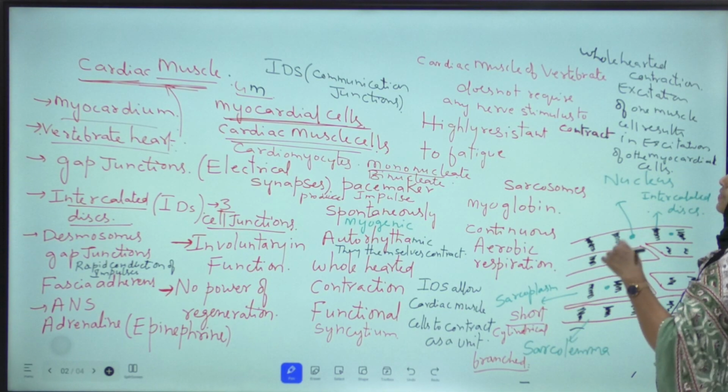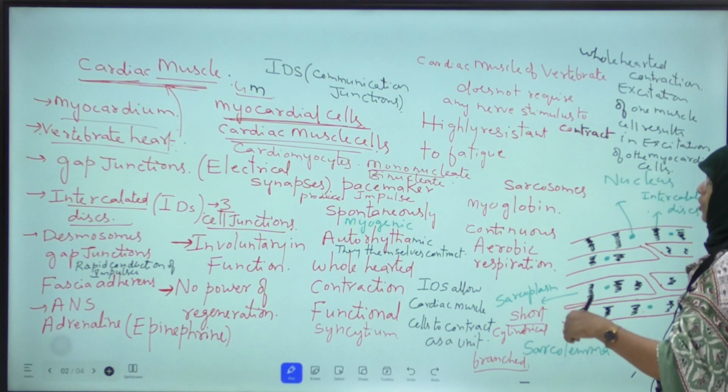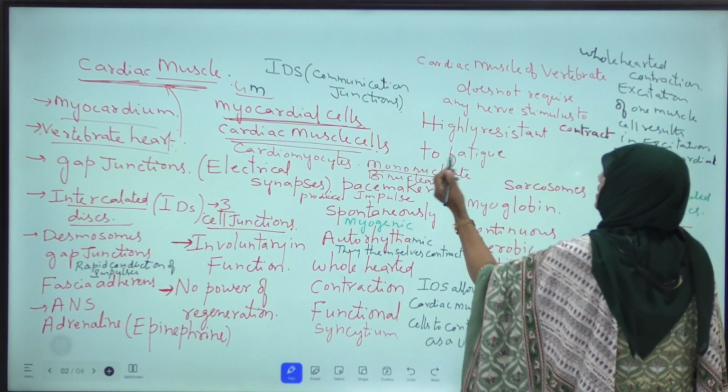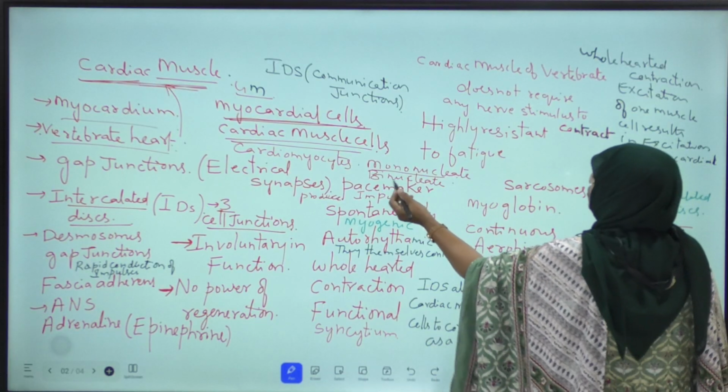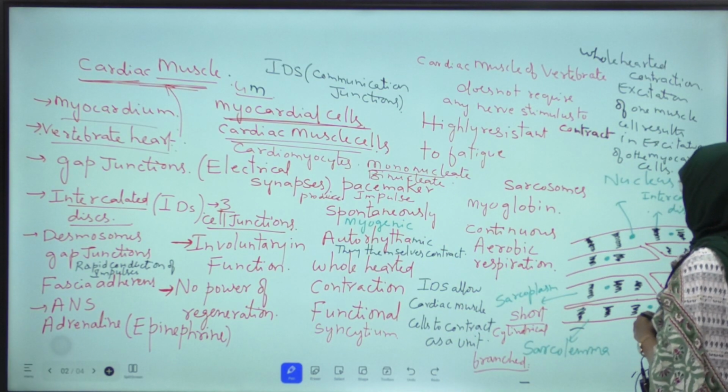They consist of a single nucleus or two nuclei. If a single nucleus, they are called mononucleate; if two nuclei, binucleate.